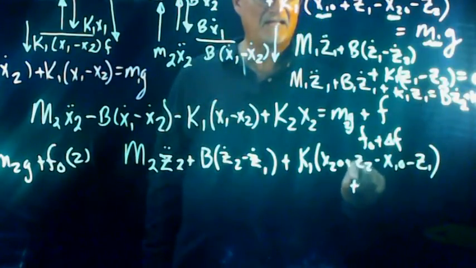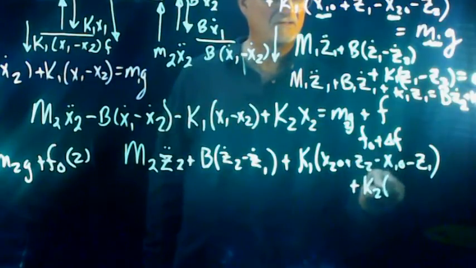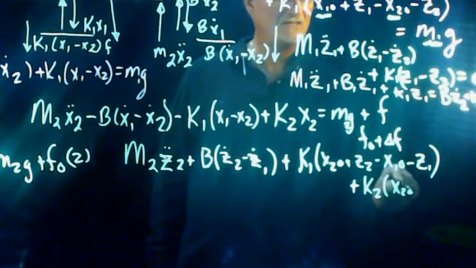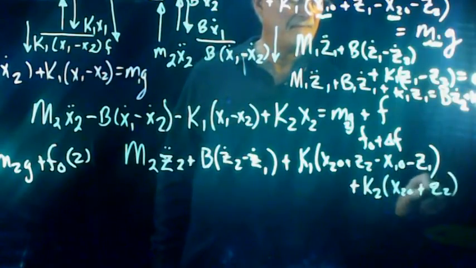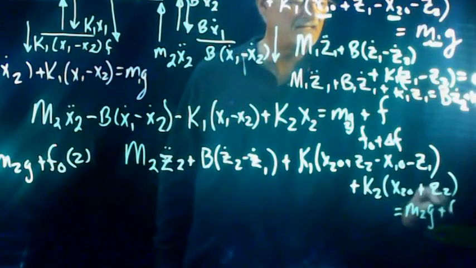I've still got this plus k2 times x20 plus z2 is equal to m2g plus f0.